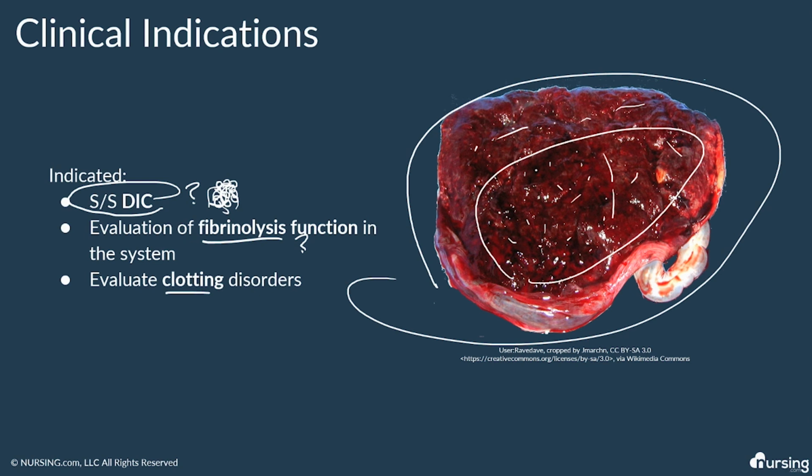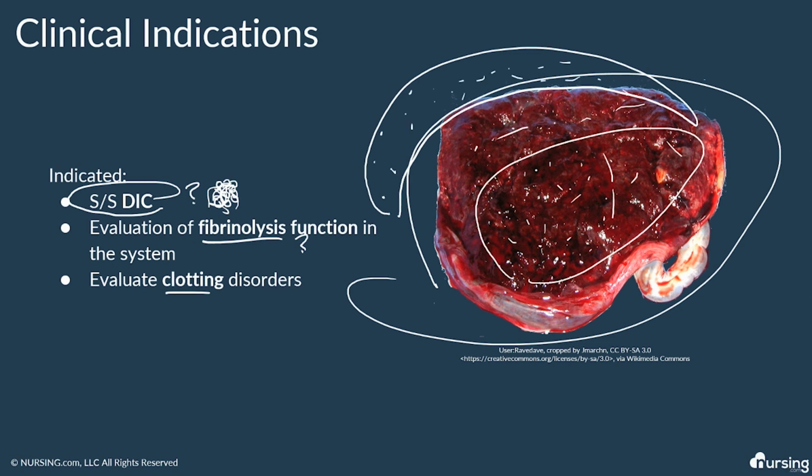So what's left in the uterus is also this raw edge of all of these vessels. And so in DIC, if it becomes this hypercoagulable state, like can happen with placental abruption or even in postpartum hemorrhage, we're going to draw this lab to see, is the clot breaking down properly?